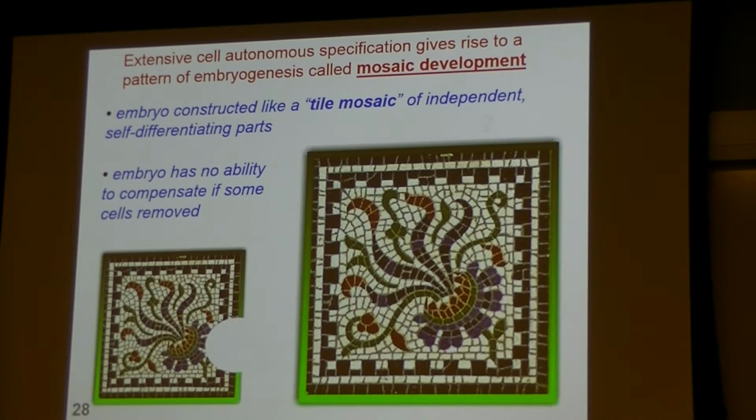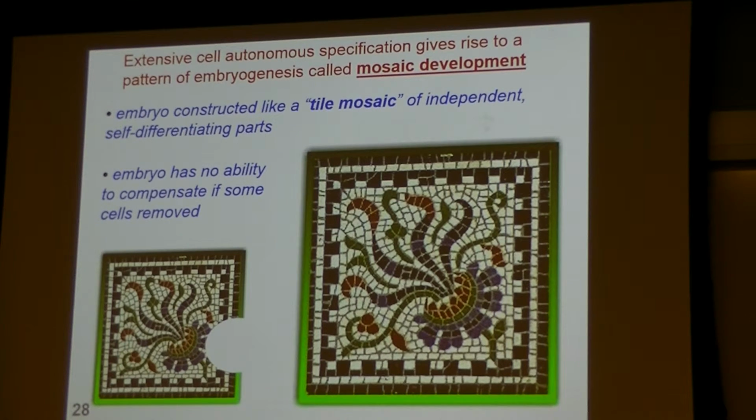So when you have this sort of scenario where many of the cells are relying on intrinsic or lineage-based information to take on cell fates, we can put that together to a general mode or pattern of development that we call mosaic development. And the analogy that's often used to try to talk about this is the tile mosaic.